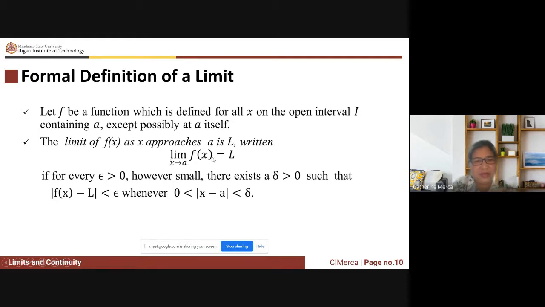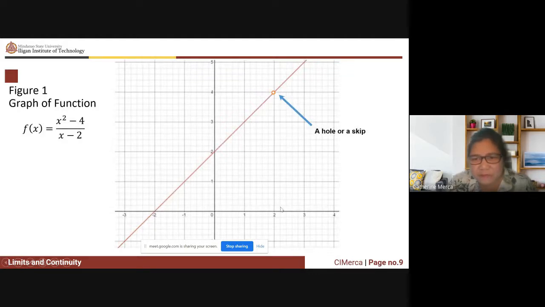Notice how it was written. This delta is a very, very small value. Whenever you have here a very, very small value, the function gets closer and closer to the limit here. So, the value of delta is small, right? Let me see on our graph so you can see. Notice that as it gets closer and closer here, the value there is small.